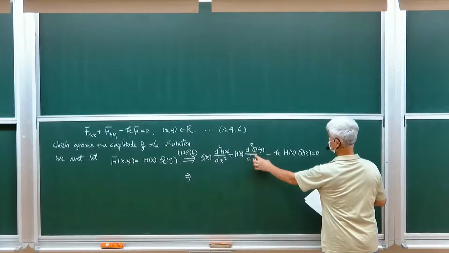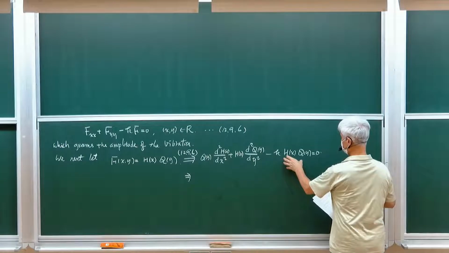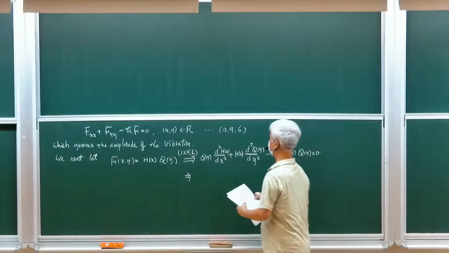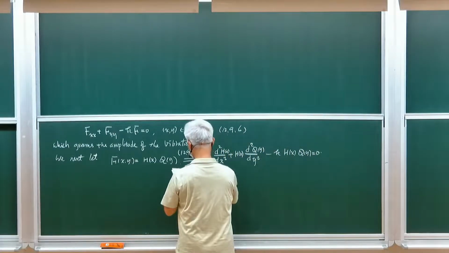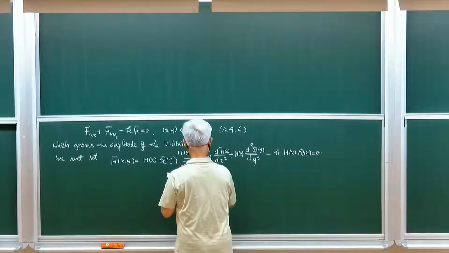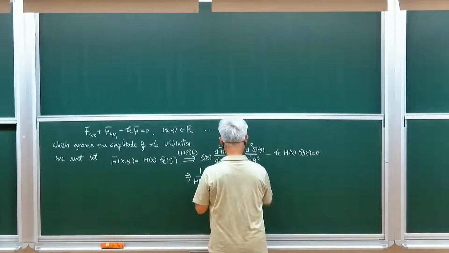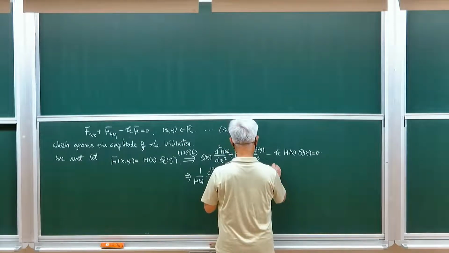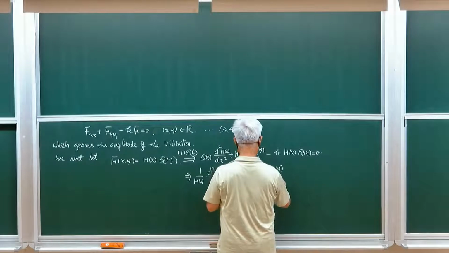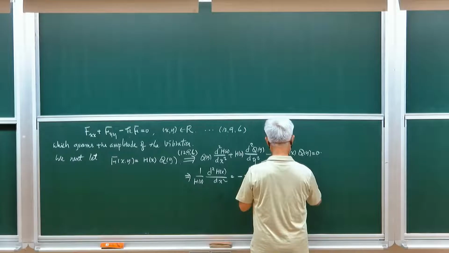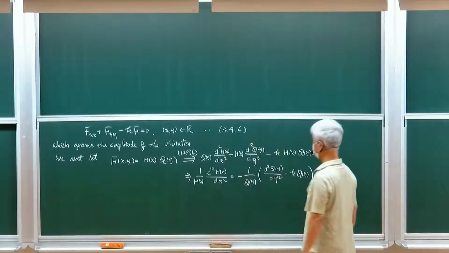The second term and the third term move to the right-hand side, and we do the proper division, which is minus K.